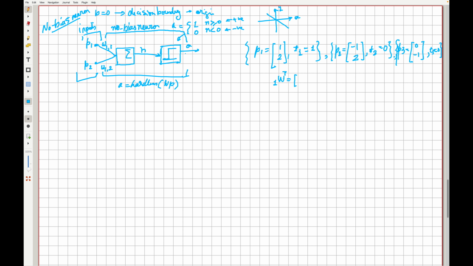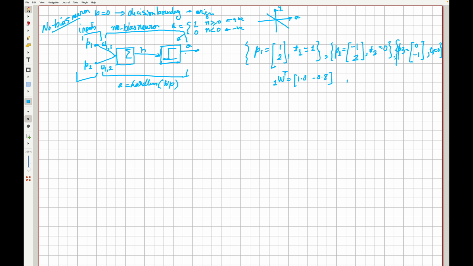So here we'll say 1w transpose is [1, 0]. What that is saying is, if I were to write w just like that, it would be 1, 0, like so. So we are simply writing it in the transpose form, keeping track with the notation we are using in this video. Then bias is 0, so we don't have to worry about it.